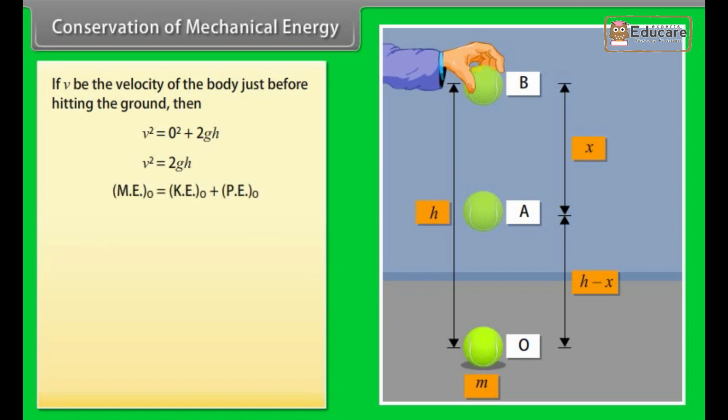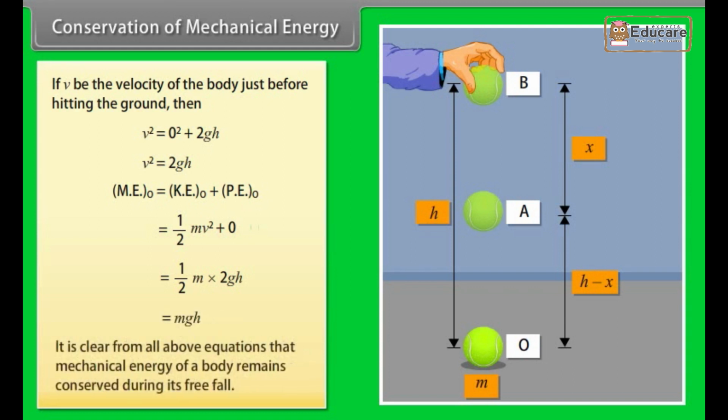Here, mechanical energy of the body at O is equal to kinetic energy of the body at O plus potential energy of the body at O. By calculating it, we get mechanical energy of the body at O is mgh. It is clear from all the above equations that mechanical energy of a body remains conserved during its free fall.